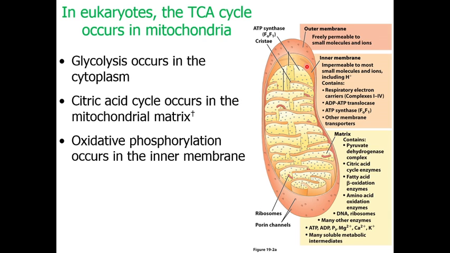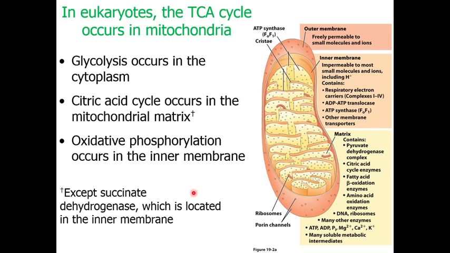As you can see, that's where the oxidative phosphorylation happens. Except succinate dehydrogenase, which is located in the inner membrane, the TCA cycle happens in the matrix. And once the NADH is produced, those go to the inner membrane to participate in oxidative phosphorylation.